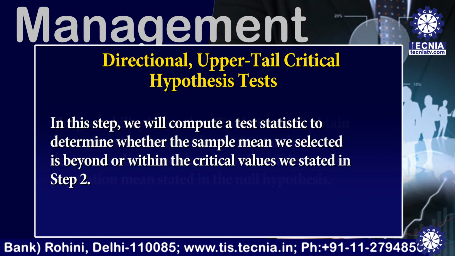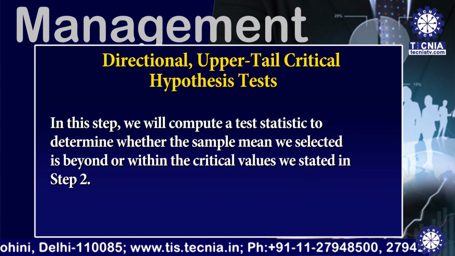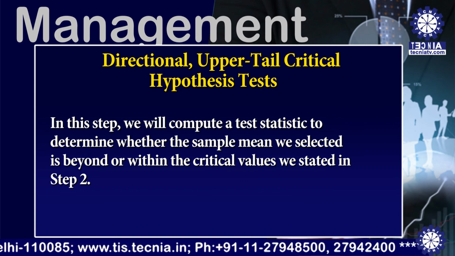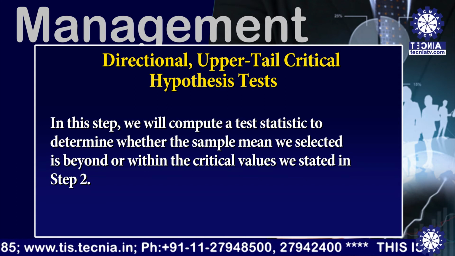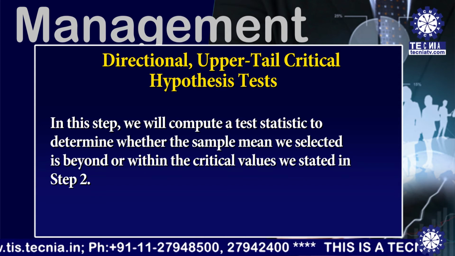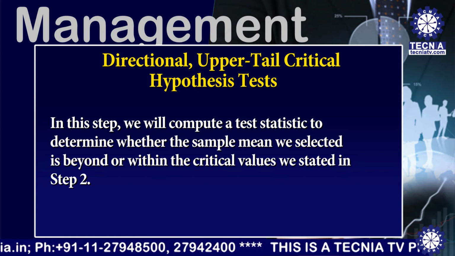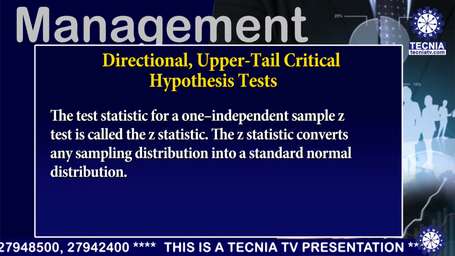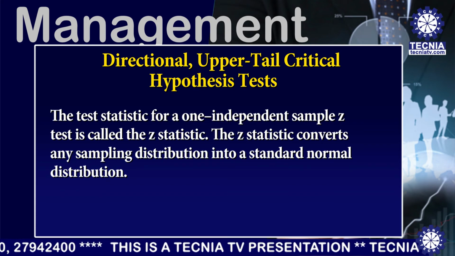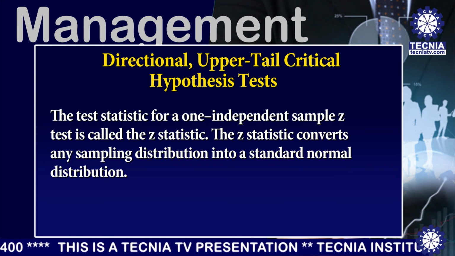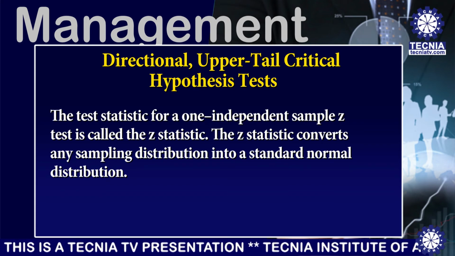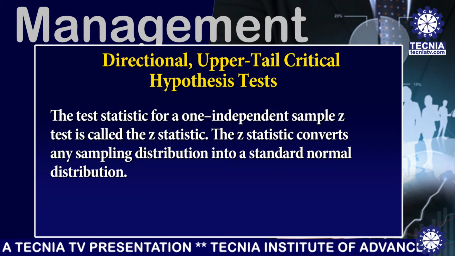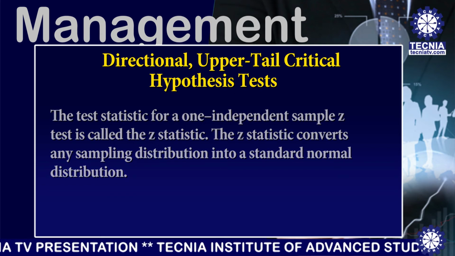In this step, we will compute a test statistic to determine whether the sample mean we selected is beyond or within the critical values stated in step 2. The test statistic for one independent sample Z test is called the Z statistic. The statistic converts any sampling distribution into a standard normal distribution.